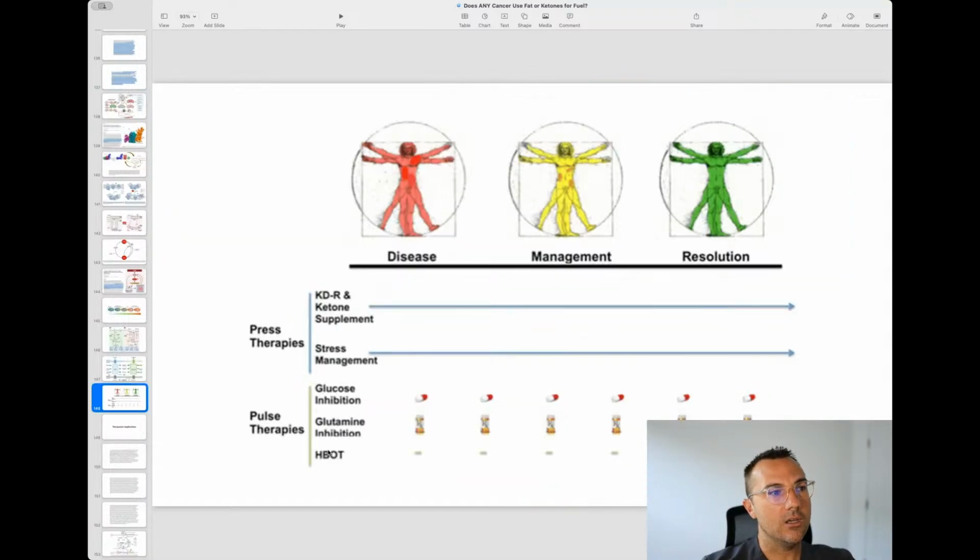When we go over that no other amino acid can replace glutamine, it makes sense why glutamine inhibition would be here. So this starts to make a heck of a lot more sense when you understand what's really going on.